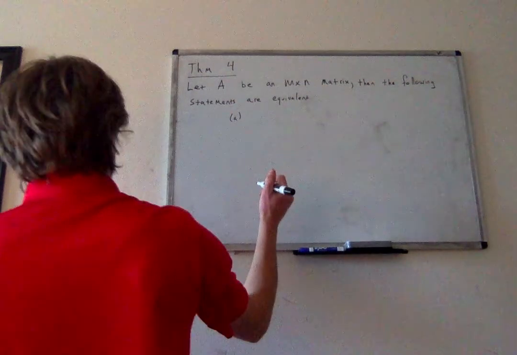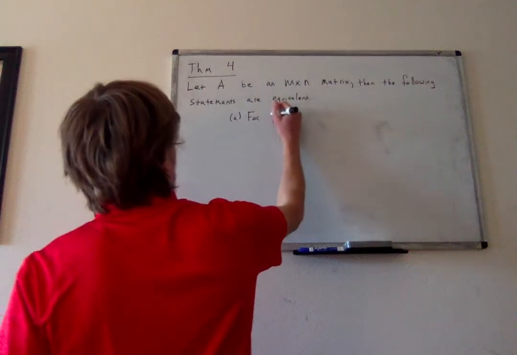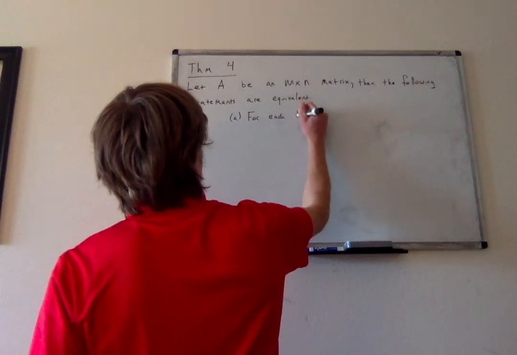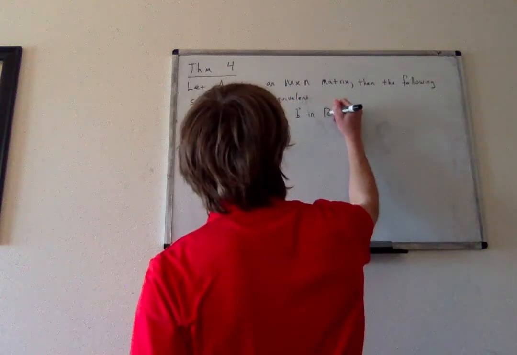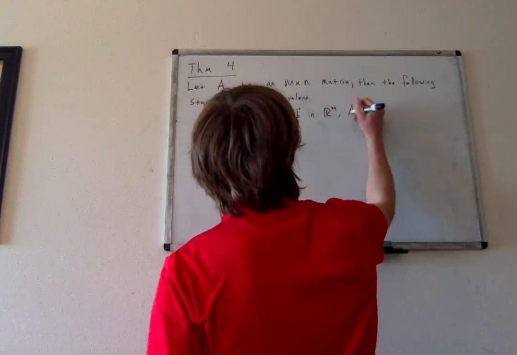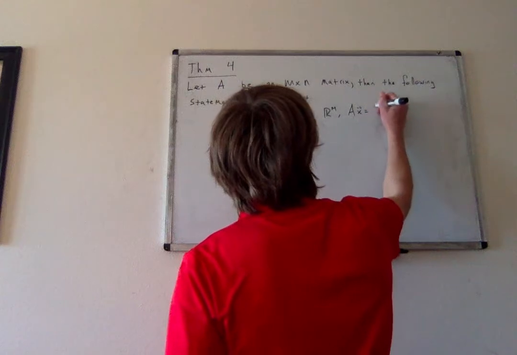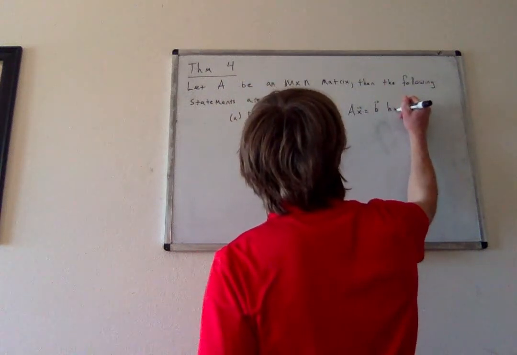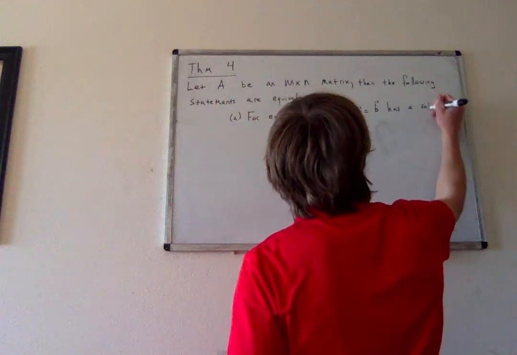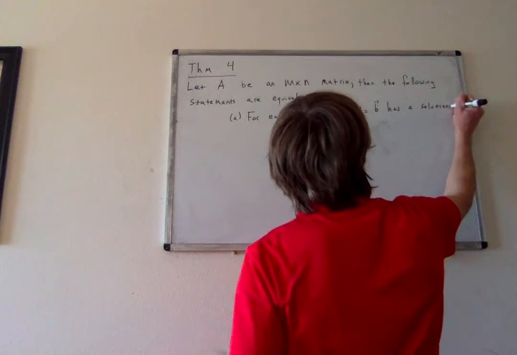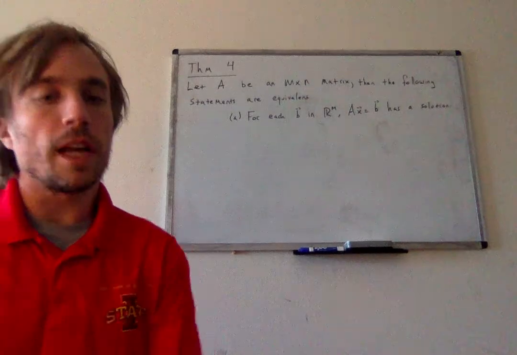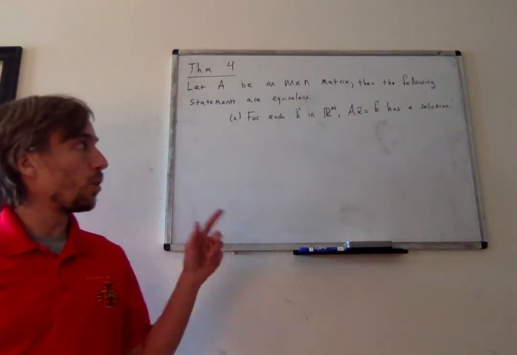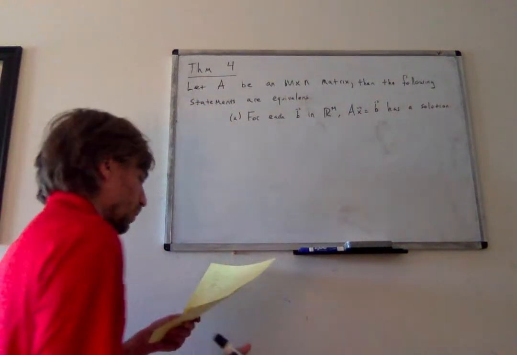So first, for every vector b in Rm, Ax equals b has a solution. So this means for every vector you find in Rm, the matrix vector equation Ax equals b has a solution.